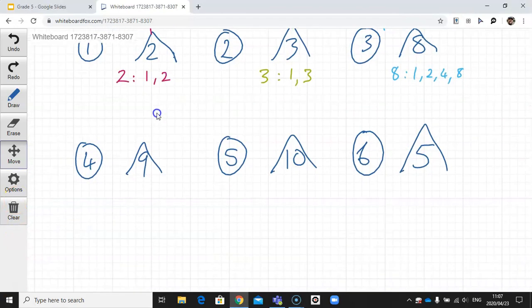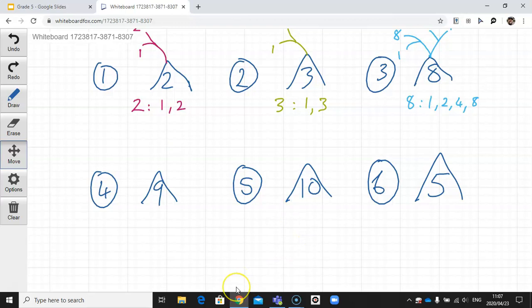Let's move our screen over and let's try number 9. If you'd like to try some on your own, just pause the video. So I'm going to start again, as I always do, with 1 and itself. 1 times 9 is 9. Does 2 fit in? 2, 4, 6, 8, 10. Nope. Does 3? 3, 6, 9.